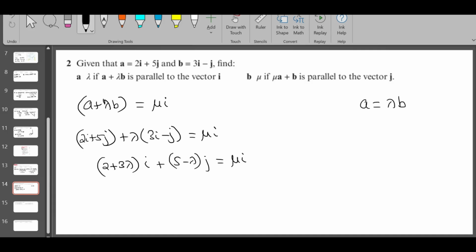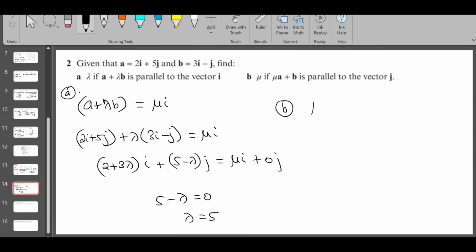So if two vectors are equal, the i component and the j component coefficients should be equal also. So here there is no j actually. So take it as 0j and equate them. 5 minus lambda is 0, lambda is equal to 5. That's how you find the value of lambda. That's for question a. We can do the same thing for question b now.